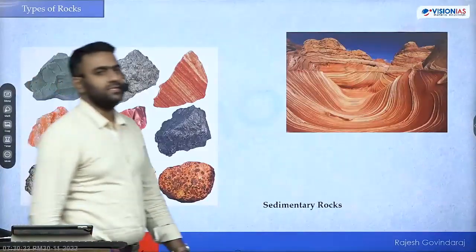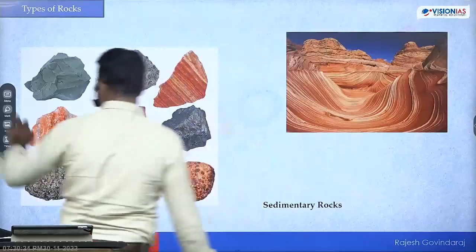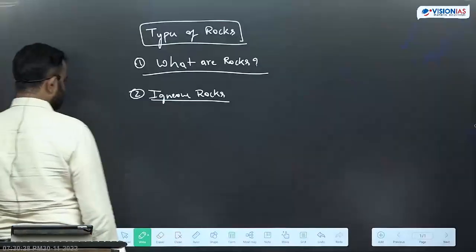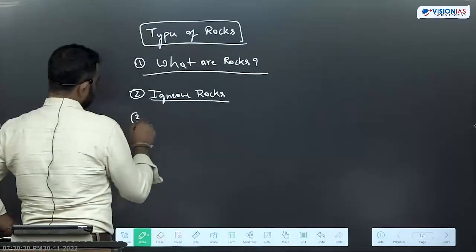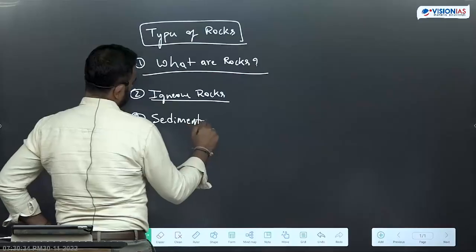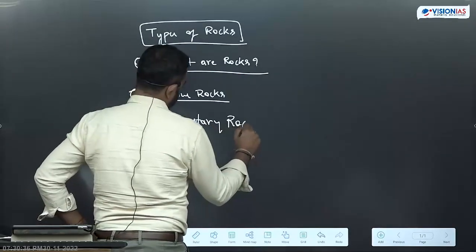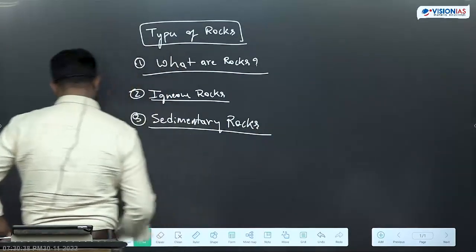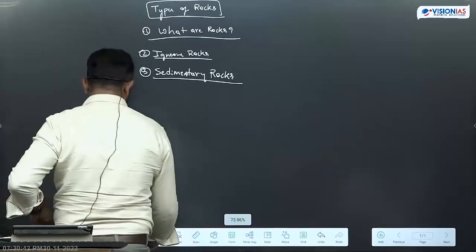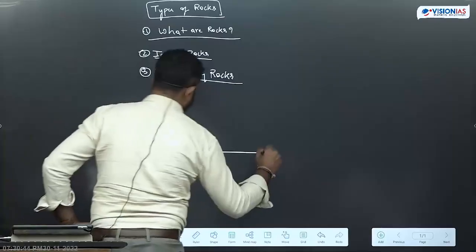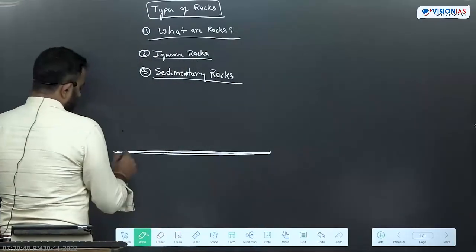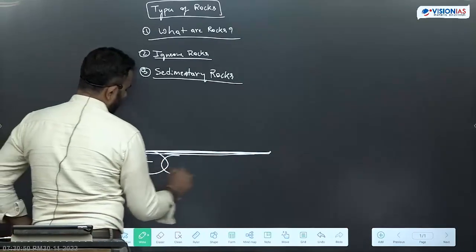Second one is sedimentary rocks. Whatever the rocks which are found on the surface. If the rocks are below the surface, they are not much exposed.